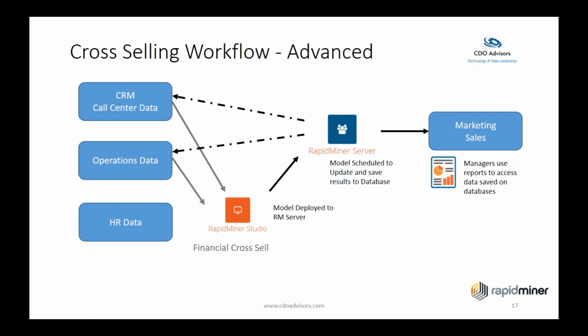So RapidMiner Server is where you can do a lot of the automation. You can publish the Studio model out there, run it, have it save data to different locations, etc. And marketing and sales can pick up the information and use it in a variety of ways.